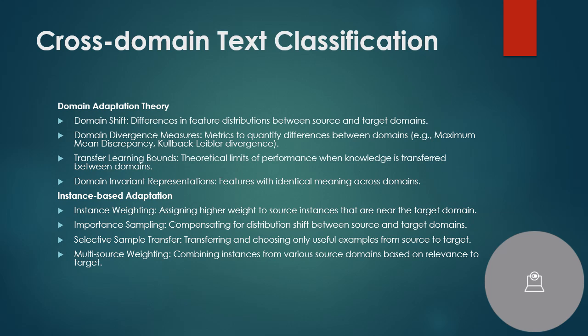We discuss methods such as domain divergence measures, transfer learning bounds, and domain-invariant representations, which help bridge this gap. Additionally, we explore instance-based adaptation techniques, which include instance weighting, importance sampling, selective sample transfer, and multi-source weighting to refine the adaptation process.